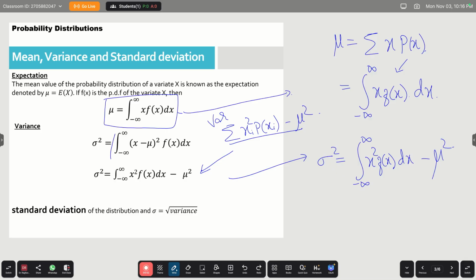Or you can use the other formula, x minus mu whole square f of x dx. Suppose you use the other formula, you will not subtract mu square, you just integrate it and leave it there. Okay. And as we have already discussed, in discrete case the standard deviation will be square root of the variance. So it's similar to the case in discrete. It's just instead of summations we do integrations here.